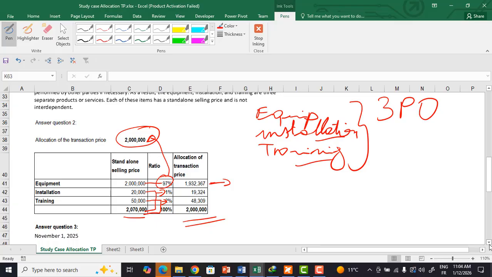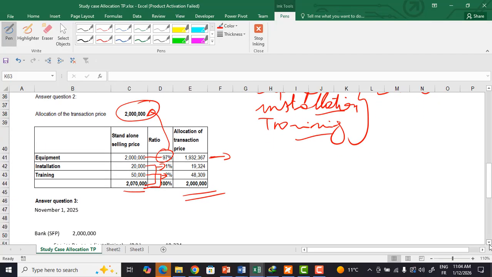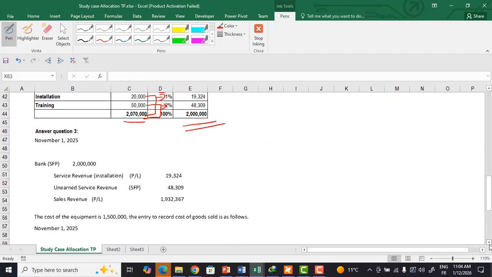Now we'll move to the booking entries on November 1st. As on November the equipment was delivered and the installation was completed, the payment will be received by the company, $2 million.